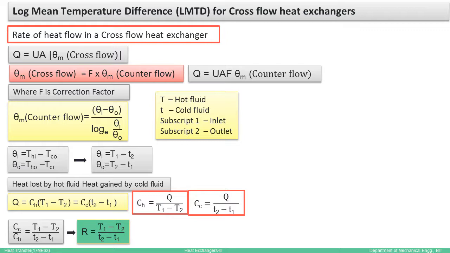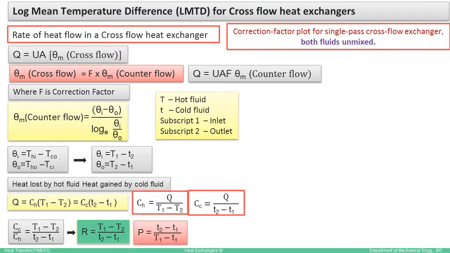There is also another dimensionless temperature, P, which is small t2 minus small t1 divided by capital T1 minus small t1. That means here we have R and P, which are expressed in graphical form, so that from the values of R and P you can get the correction factor for a particular case.